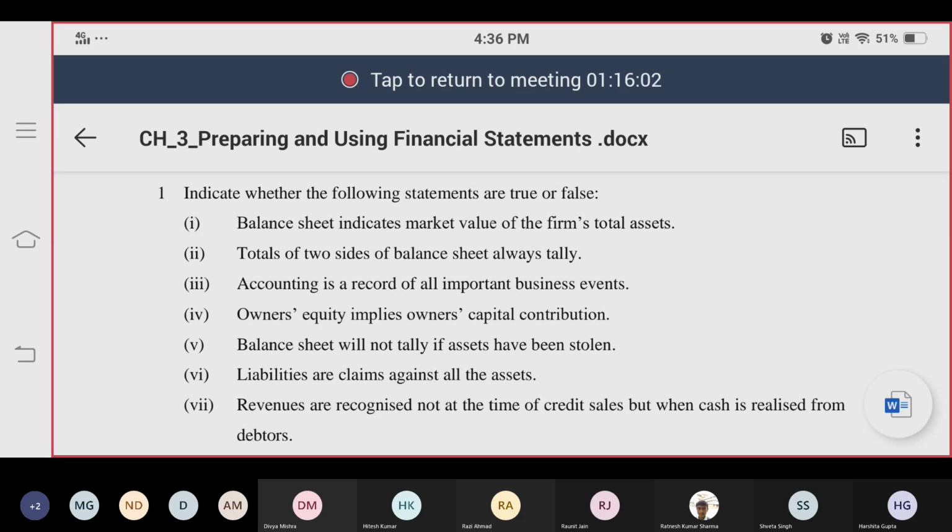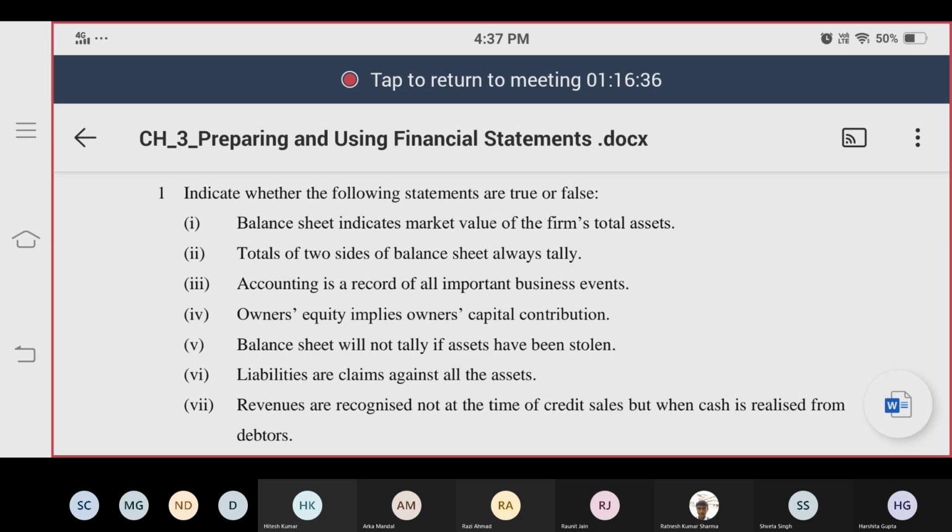Not all kinds of business events. Only the ones that can be related in terms of money, Arka. Yes, ma'am. But business events are mostly in terms of money. No, so all important business events could be the launch of a product, could be the company going out into a transaction that can be measured in terms of money.